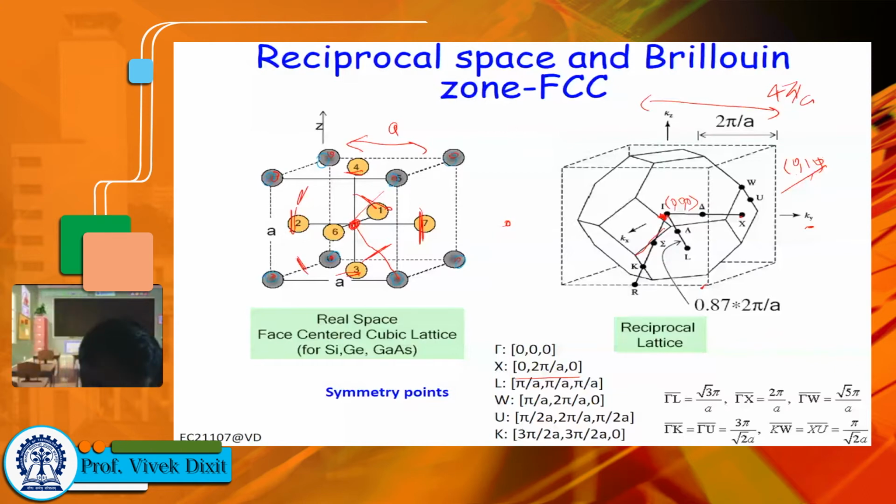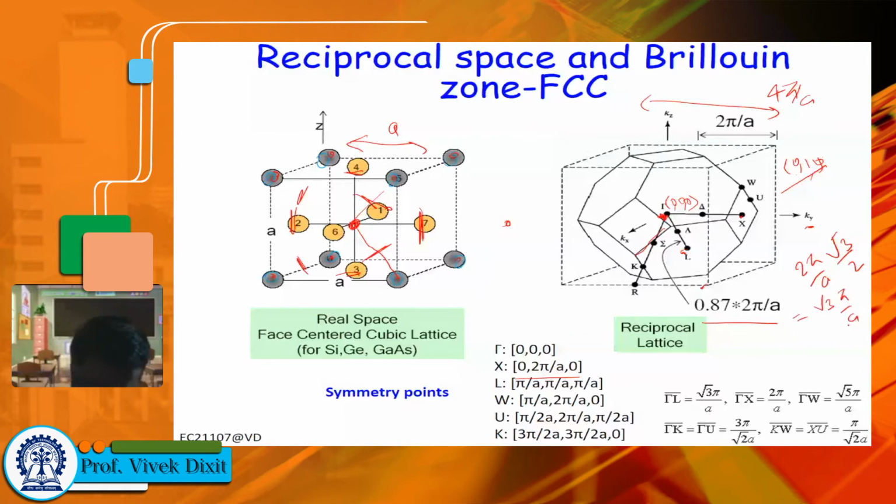Similarly, L is along the diagonal, right? So the diagonal length is 2 pi by a times root 3, and half of that is root 3 by 2, right? So that is 0.872 pi by a, or you can say root 3 pi by a, right?